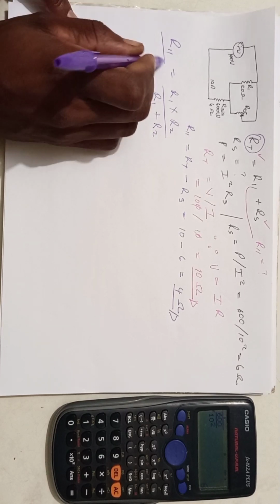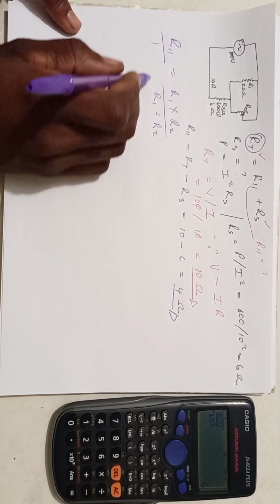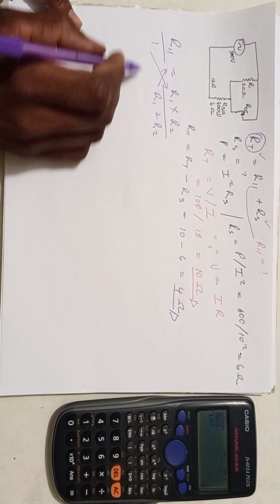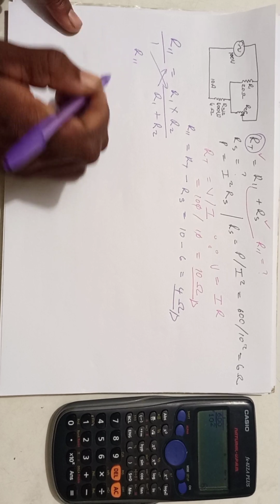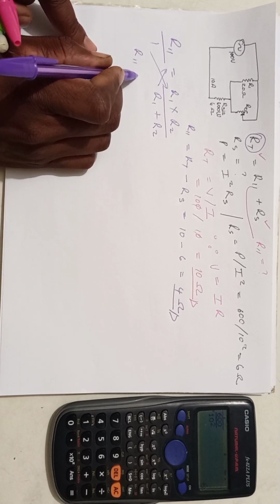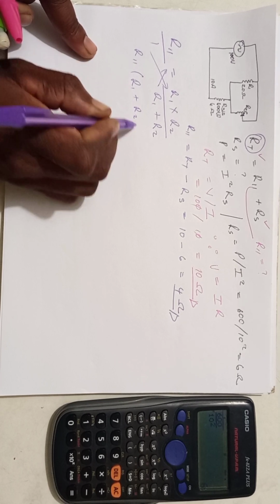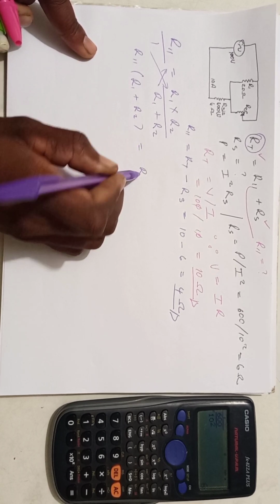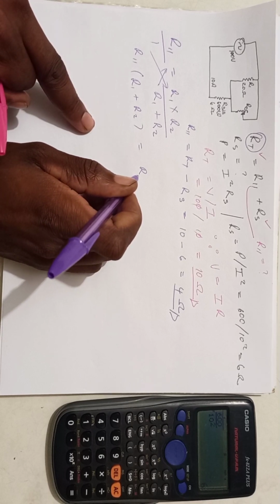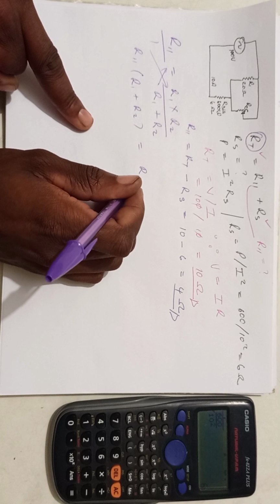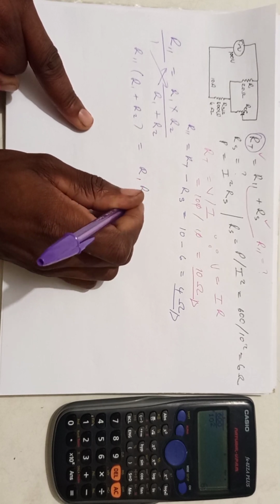So if we cross multiply, we would get R parallel being multiplied by R1 plus R2 equal to R1 R2.